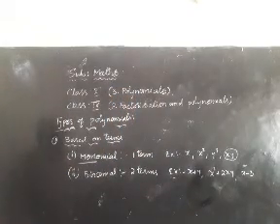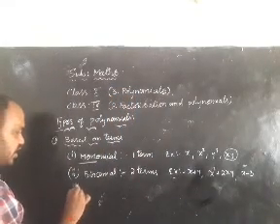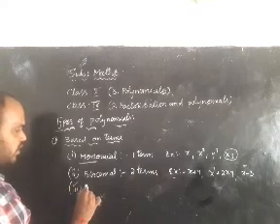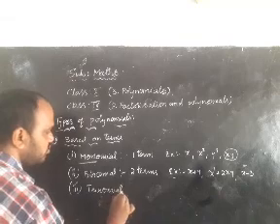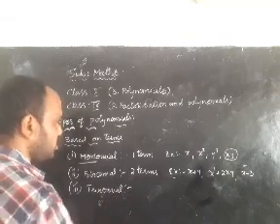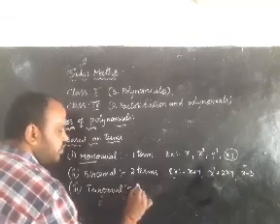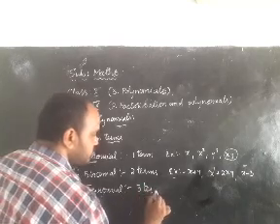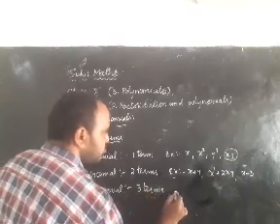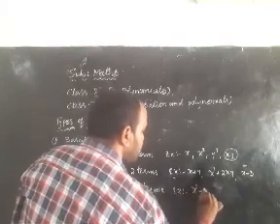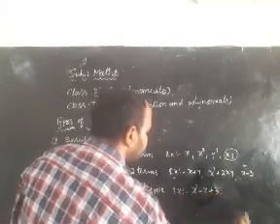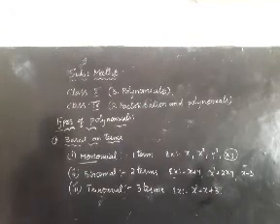Next, the third one, trinomial. A trinomial contains three terms. Example, x square plus x plus 3. It is a trinomial.